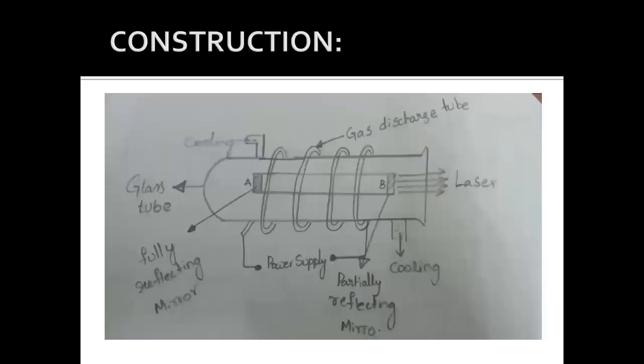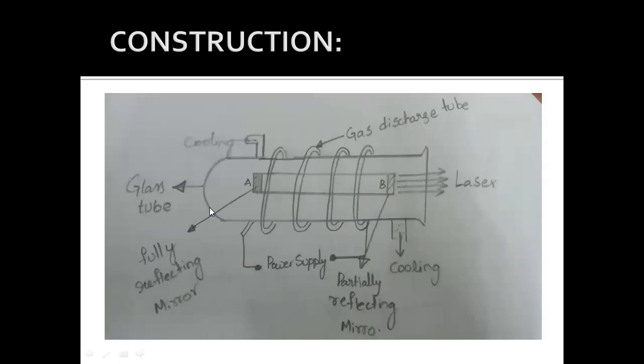Coming to the constructional structure, on the screen you can observe there is one gas discharge tube in which a ruby rod has been inserted with two end faces, A and B. These two faces are mounted with two mirrors, one at the end A and another at the end B. End A has a fully reflecting mirror and B has a partially reflecting mirror.